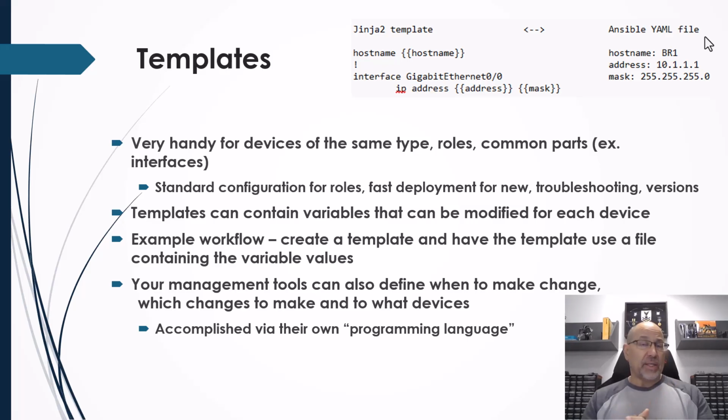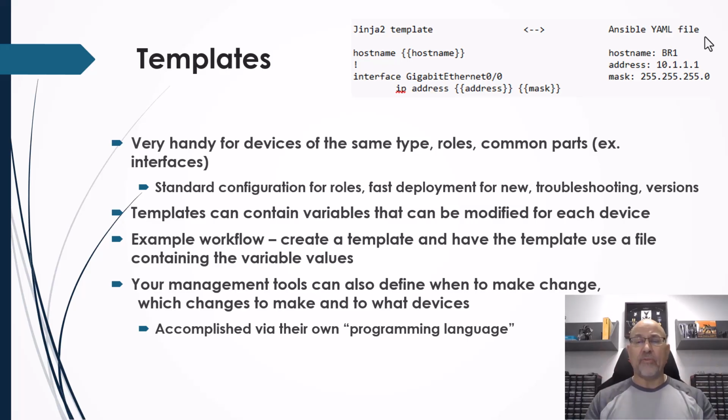A better way is to think about the use of templates. So if you have access points that are all doing the same job, or switches that are all doing the same job, or routers that are doing all the same job, then there's no need to have, say, separate configuration options for each one. What you have is a template, and you say, here is my core switch template, and here is my branch router template, and here's my access point template. So the template gets applied to everybody, and the template has variables.